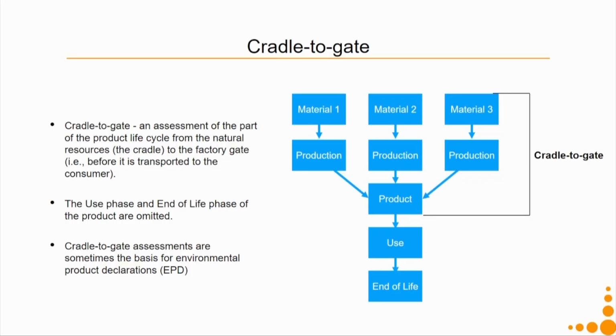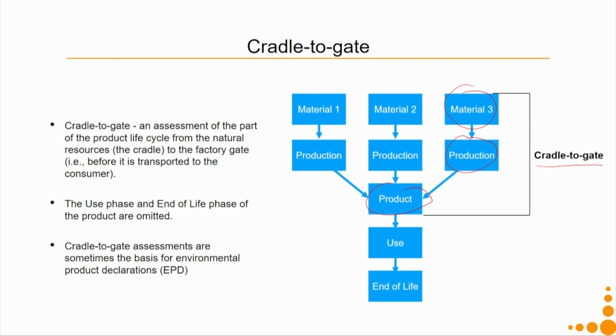Hence, another approach is where a manufacturer has good control, which is the production side. That one is called cradle to gate. What it means is from the materials to the production up to the product, up to the factory gate. So, an assessment of the part of the product life cycle from natural resources, that is the cradle, to the factory gate, that is before it is transported to the consumer.